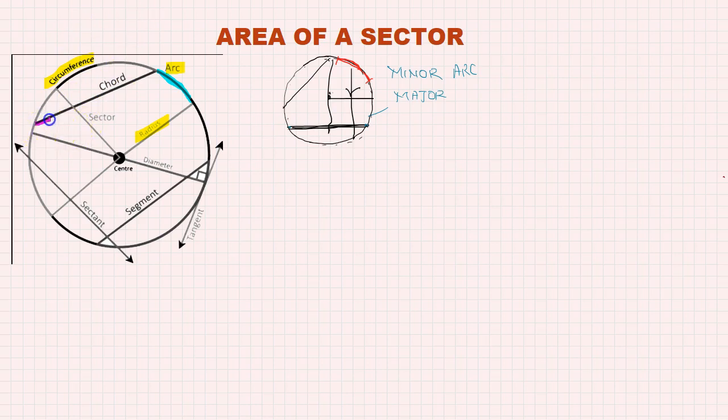The ends of the chord lie on the circumference of the circle. And the diameter is also a chord. This is a chord and this is a diameter.